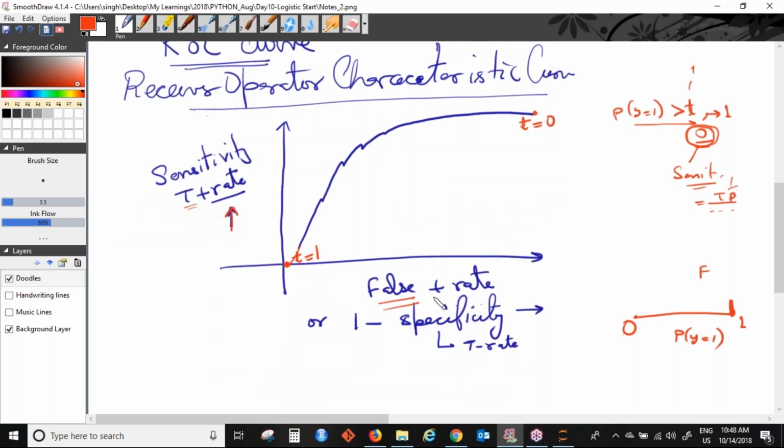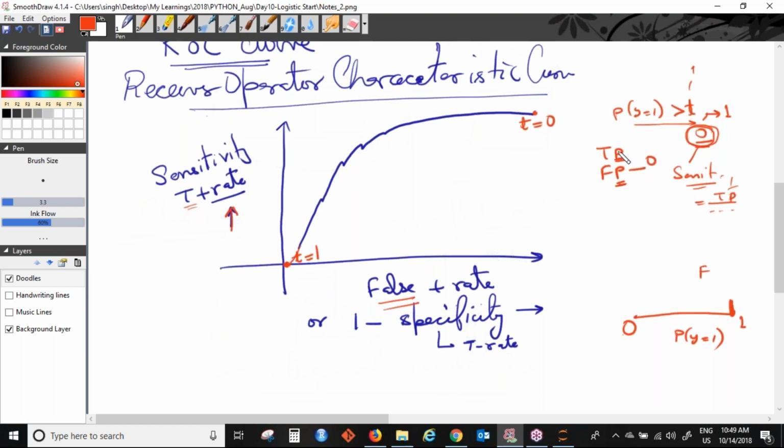Now let us talk about the false positive rate. What will be the false positive rate when your threshold is 1? False positive is when you predict positive but actually it's a 0. That also will be 0 because you are not predicting any positive. So the true positive rate and the false positive rate will both be 0 because positive itself is 0.